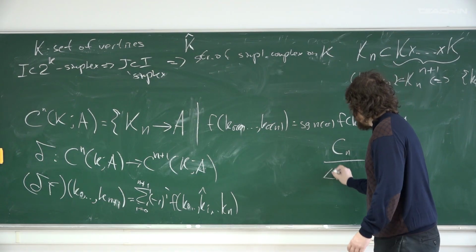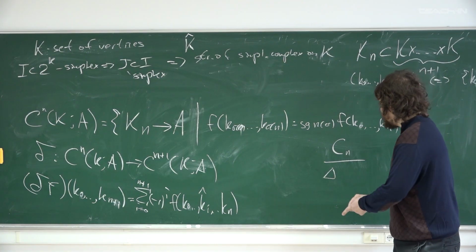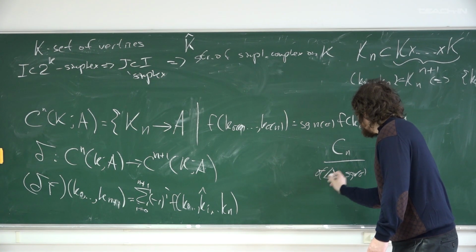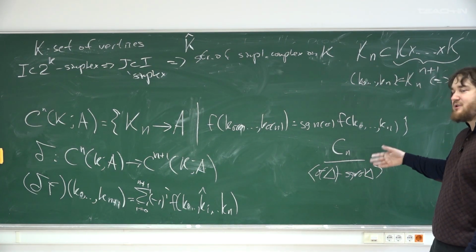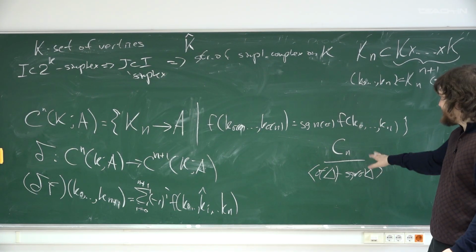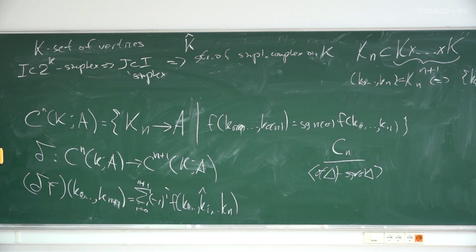If you permute the vertices of a simplex, it's the same as multiplying by the sign of the permutation, and you take the quotient by this. You can use this quotient complex to compute the original simplicial homologies. It's the dual thing. It's an exercise.